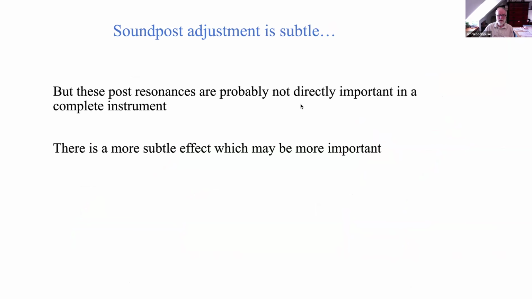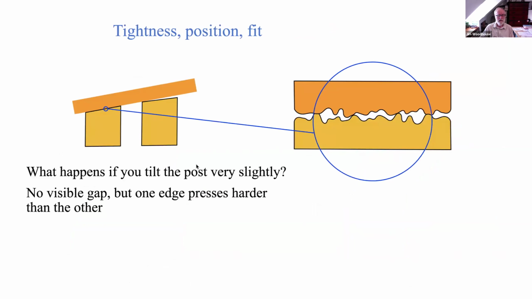So probably they're not directly important, but there is a more subtle effect, which I think is probably a lot more important. And so we go back to this picture with this apparently well-fitted post, but we zoom in on it and we see these asperities here.